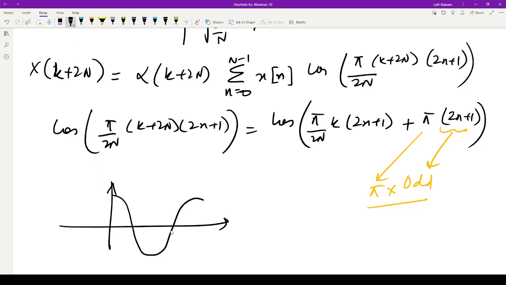Where this is what? Pi by 2 and 3 pi by 2. And this is, so you only have this pi here, or multiple of pi, right? Pi, then 3 pi.